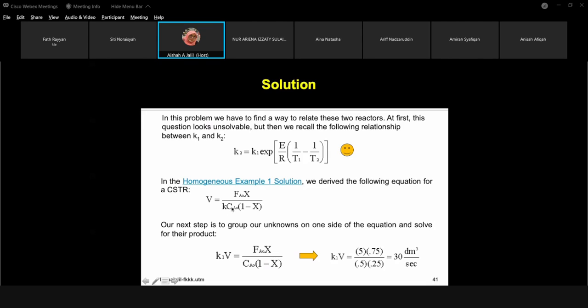Okay, this is the V for the CSTR. Our next step is to group our unknowns on one side of the equation and solve for their product, like this. You can see they use the unknown as kV. So this one is the right hand side. You can calculate k1V as 30.